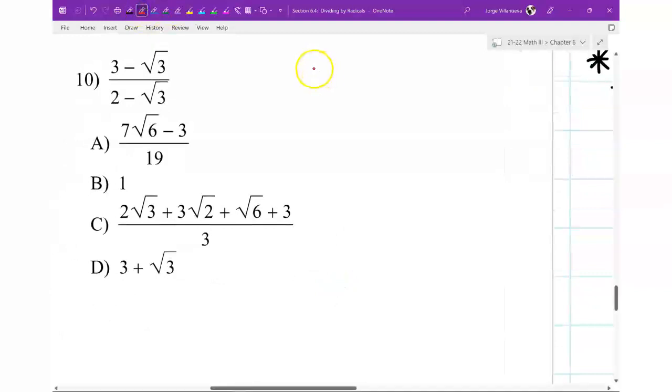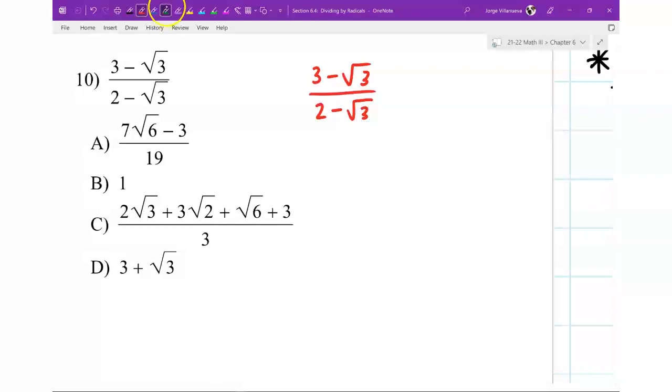Now, look at the problem here. Let me write it out. 3 minus radical 3 over 2 minus radical 3. You see how I have two terms on the bottom? Okay, 2 minus radical 3. I'm not supposed to have square roots on the bottom, but there's an addition or subtraction down there. So what I need to do is multiply by the conjugate of 2 minus radical 3.